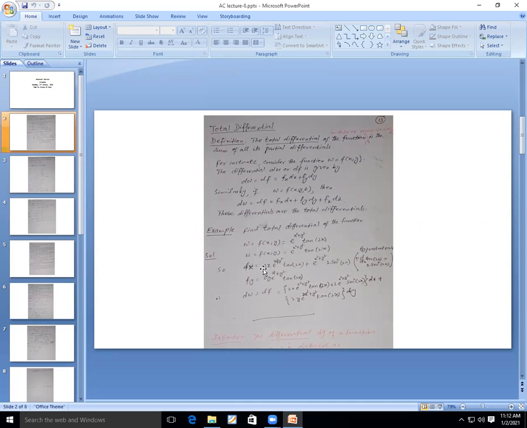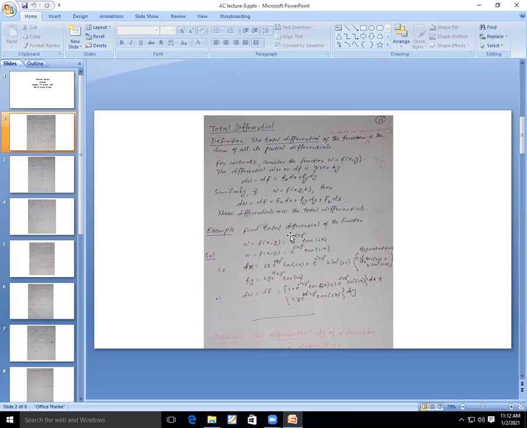So fx, that is del f over del x, is equal to, first differentiate this exponent. Here you have x square plus y square, keeping y as constant. d x square over dx equals 2x, the coefficient of x, and since y is a constant, its derivative is 0.